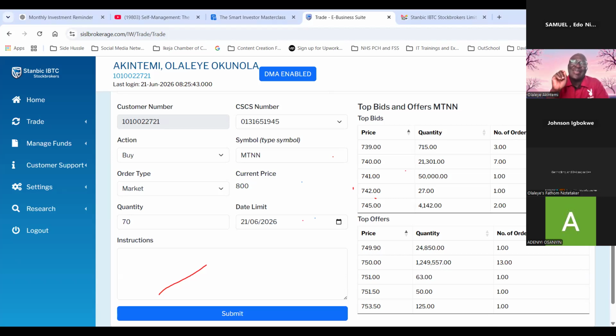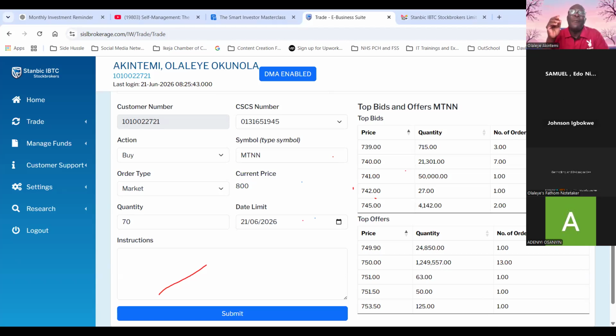Bamboo is not a direct stockbroker. It has an affiliate, a major partner. Somebody is actually subletting part of their license to Bamboo.